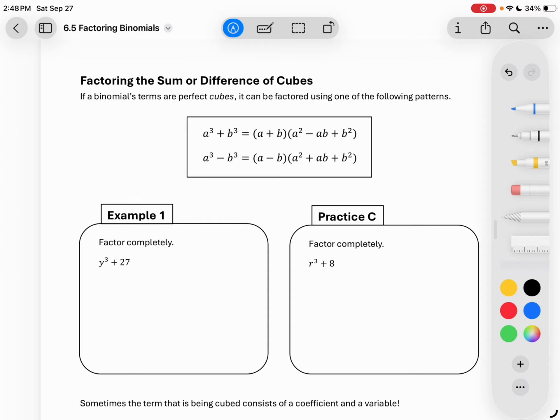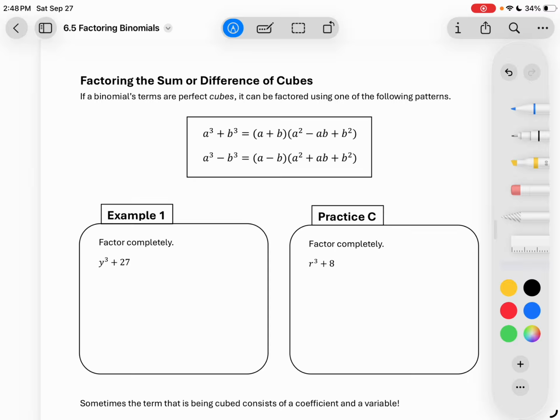And then we've got a squared minus a times b plus b squared. And if you were to distribute the a through and distribute the b through, you would multiply it out, cancel terms, and you would end up getting a cubed plus b cubed.